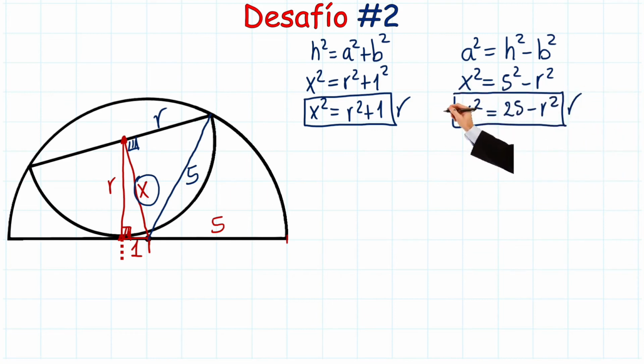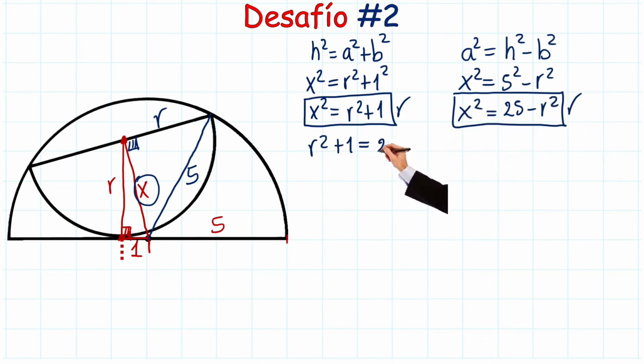Now we have two things. We have x squared that gives us this, and we also have x squared, which gives us this here. Then we can make an equation, we can equate this here, which is r squared plus 1, with 25 minus r squared. We move this r squared to the other side, so it becomes plus r squared, equals 25.